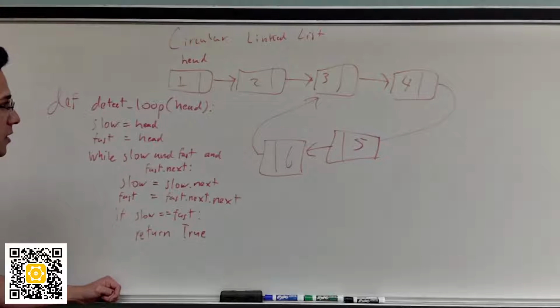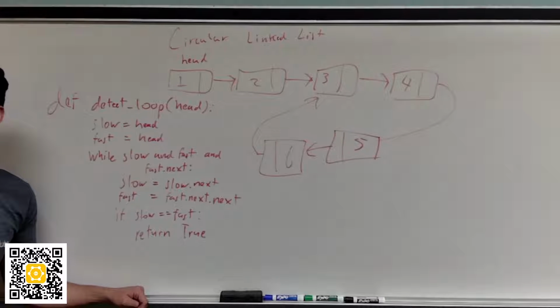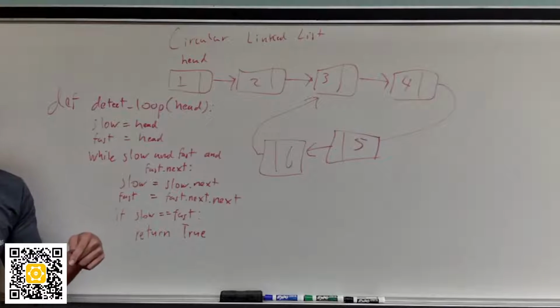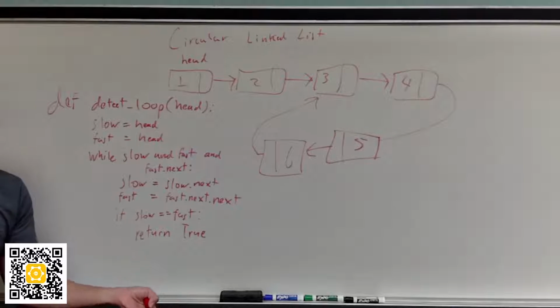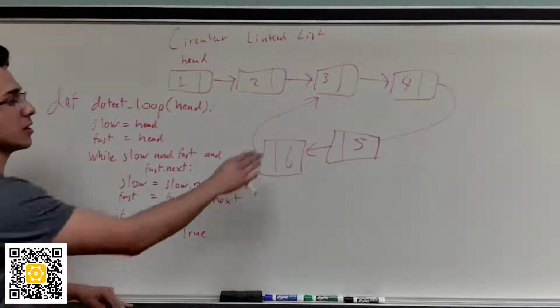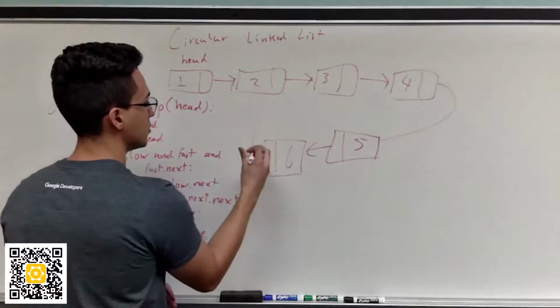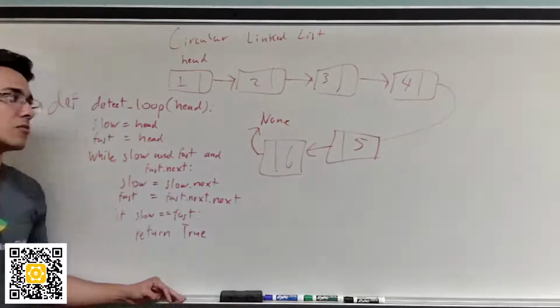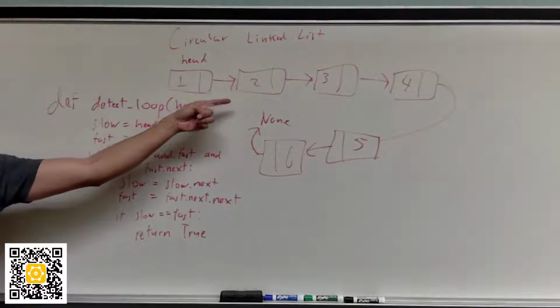But let's say there wasn't a cycle at all, right? That means fast is going to become None, or fast.next is going to become None. So there's no longer a cycle.